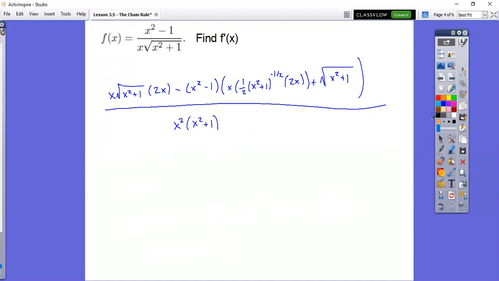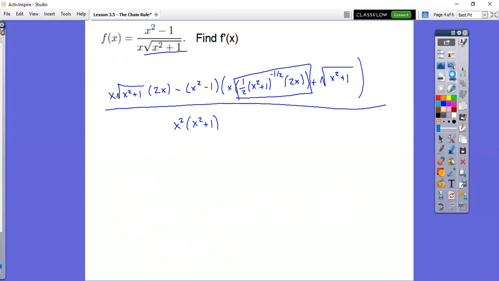We could go through and simplify some of this, but the big thing I wanted you to see is that in taking the derivative of this part, I apply the product rule: 1 d2, where this portion is the derivative of the square root of x squared plus 1, plus 2 d1. This portion is where we applied the chain rule to take the derivative of this term.